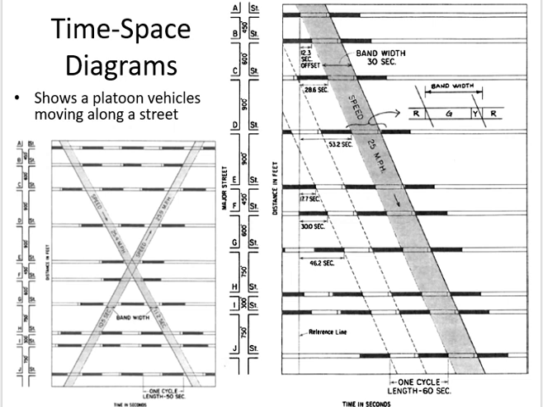Now the next one, you see it was 53.2 seconds. So again from the first intersection, from the reference line, after 53.2 seconds you have the next one. Now all these are calculated from the first one.